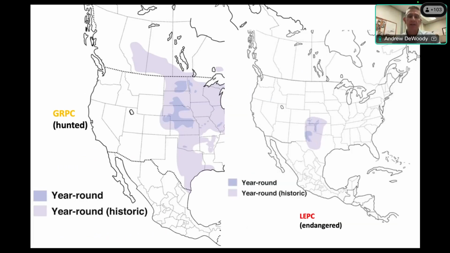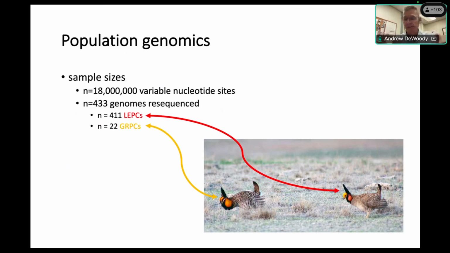Because of a lot of different reasons associated with the U.S. Fish and Wildlife Service listing of the lesser prairie chicken as deserving of protection under the Endangered Species Act a couple of years ago, we were involved in this study of hundreds of prairie chickens, sequencing their genomes, focusing primarily on the lesser prairie chicken, but we also had a couple of dozen greater prairie chicken samples.